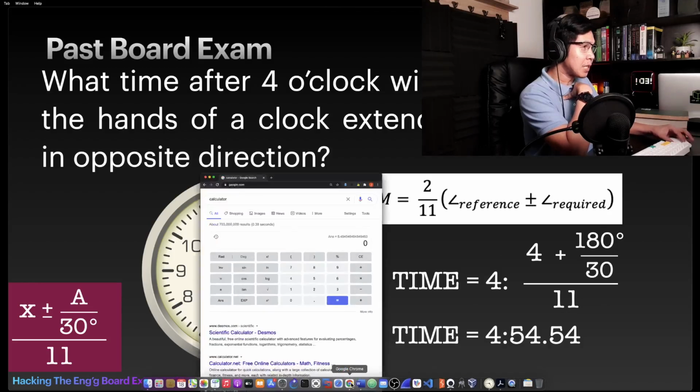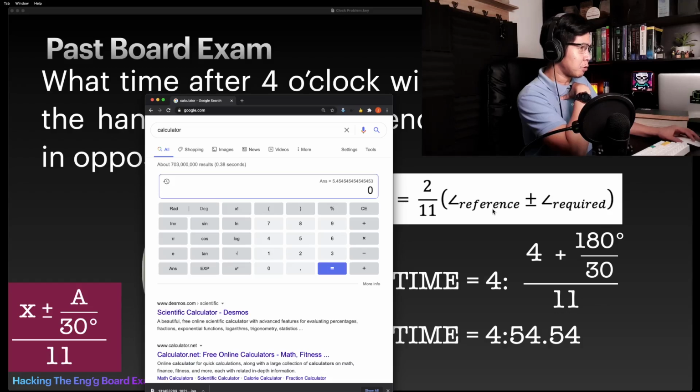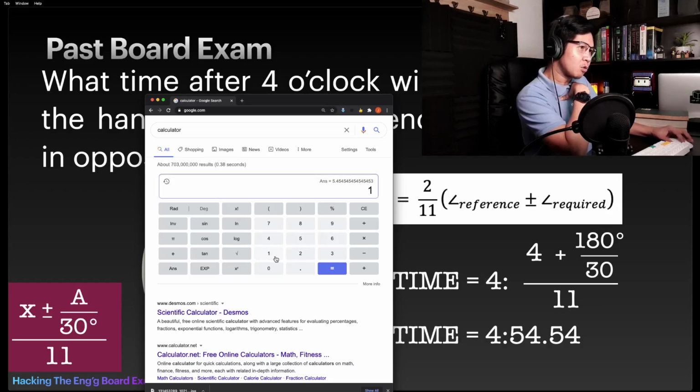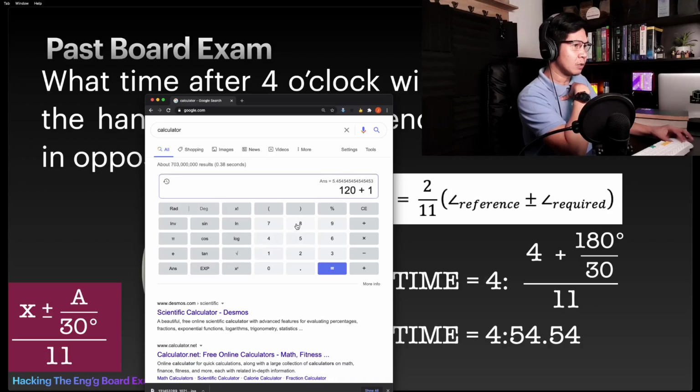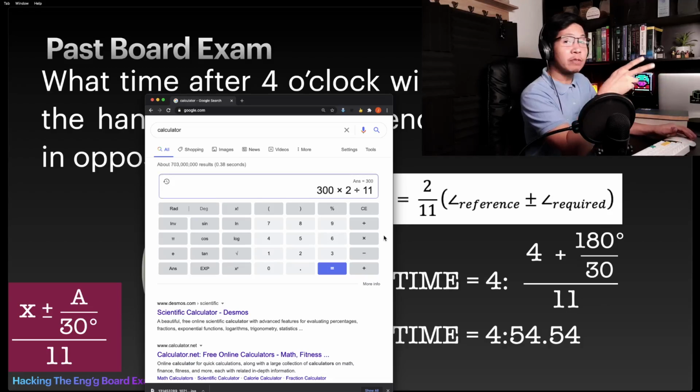So, kung i-compute natin yon using the formula of Engineer Padilla, yung 4 o'clock is 120 degrees plus the required angle is opposite each other, which is 180 degrees. Then, we multiply this doon sa 2 and then divide it by 11. Sabi natin kanina, yan yung relative speed ng minute hand sa hour hand.